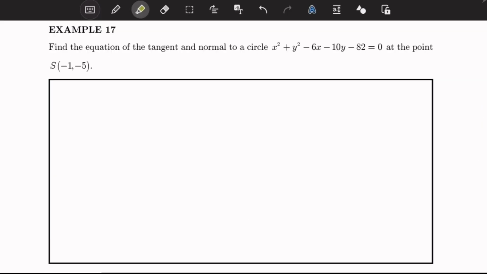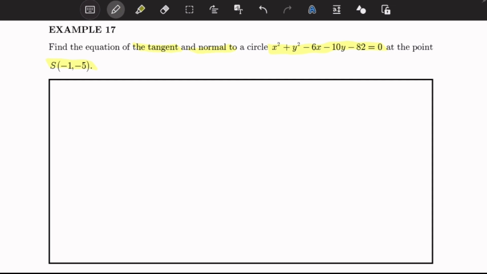In example 17, find the equation of tangent and normal to a circle x squared plus y squared minus 6x minus 10y minus 82 equal to 0 at point S(-1, -5). Here we need to determine the center of the circle first.